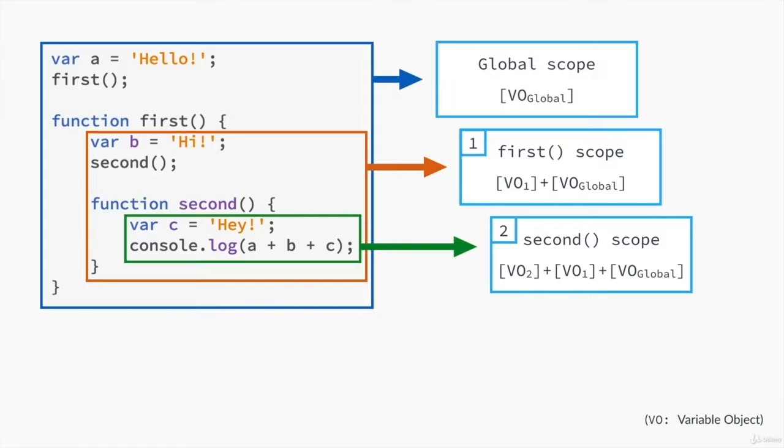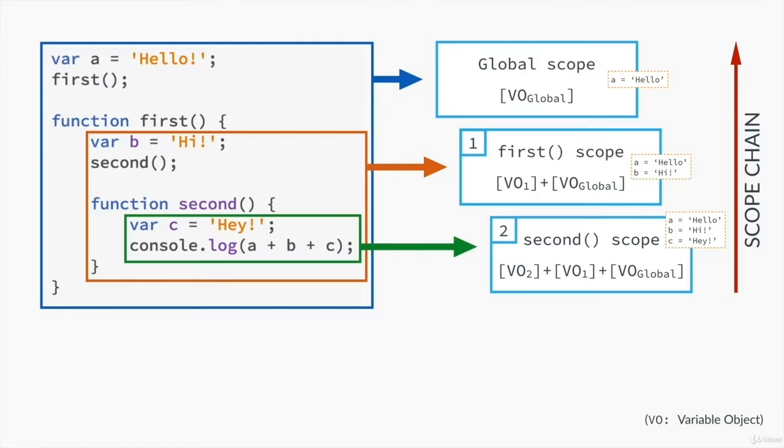So when running this code, the JavaScript engine will not find variable b in the current scope, right? So it just goes up and looks in the scope of its parent function and says, oh, here is b, so let's use that. And the same happens for variable a. It does not find it in the current scope, and also not in the parent scope, so it goes even more up, all the way to the global scope. And this is exactly called the scope chain.